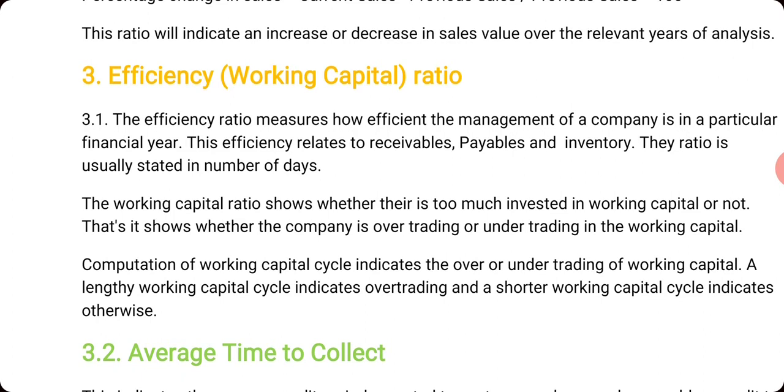This is the cycle of transactions from the point of credit purchases to the point where those credit purchases are paid off. That is, credit purchases, inventory, sales of those inventories at credit, collection of the credit sales, and the payment of the credit purchases.